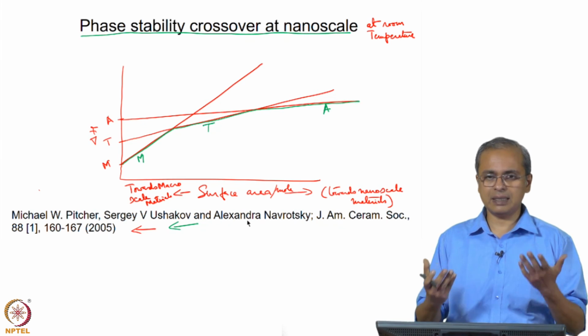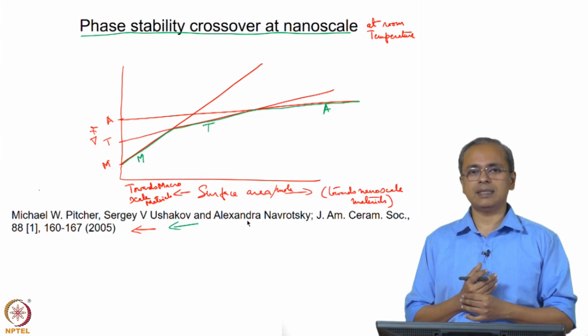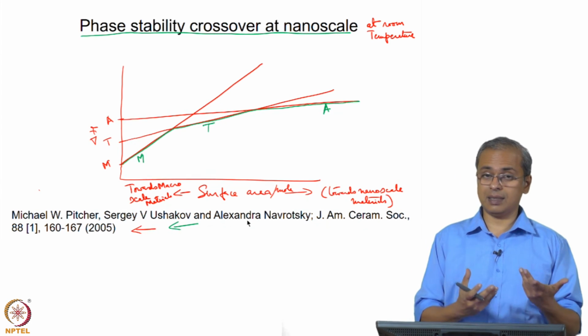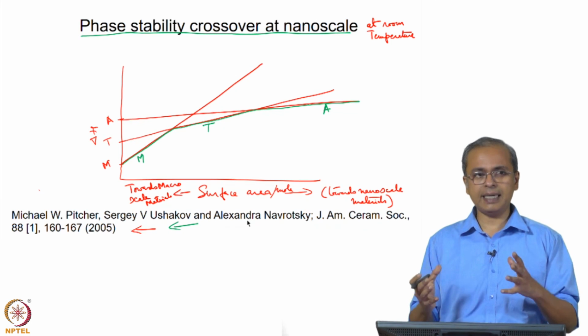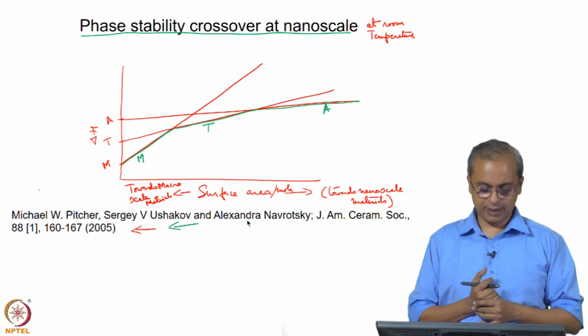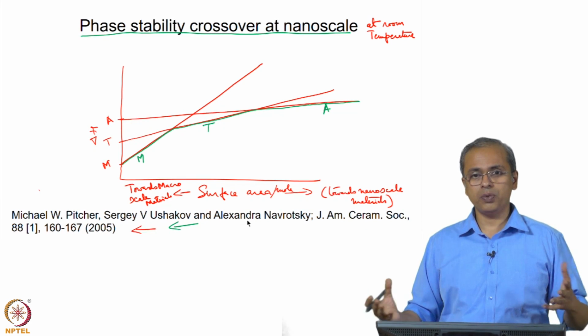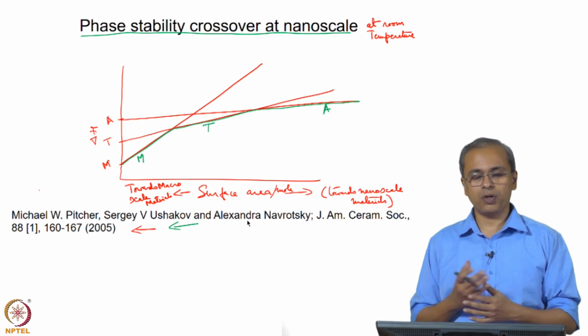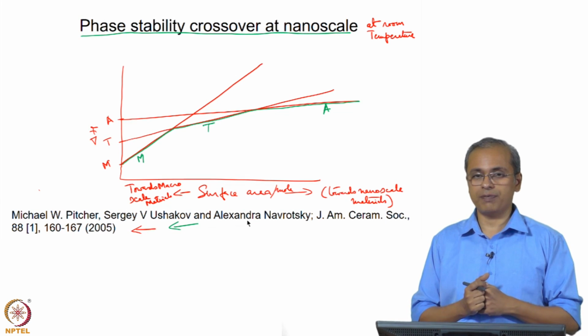So, you will have to investigate it in your system of interest, or look up values in the literature and see if that suggests that such a reversal could exist. And if you did the right kind of experiments using, let us say, calorimetry and so on, you will be able to put together the data and draw plots of this nature which show you this difference of phase stability.